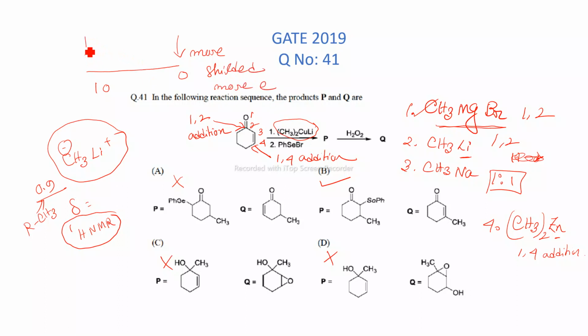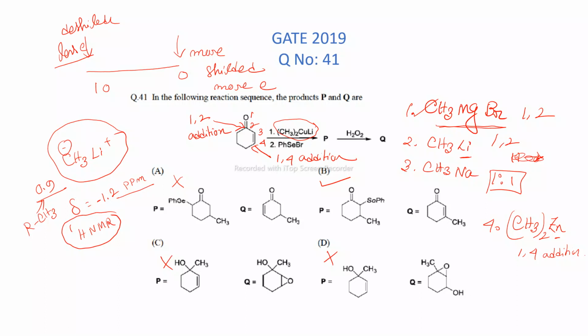And this is less, deshielded, means less electron. So where there is less electron, that is higher value. Where there is more electron, that will be lower in value. So the value will be less than 0.9, right? Its value is normally around minus 1.2 ppm. This is below 0.